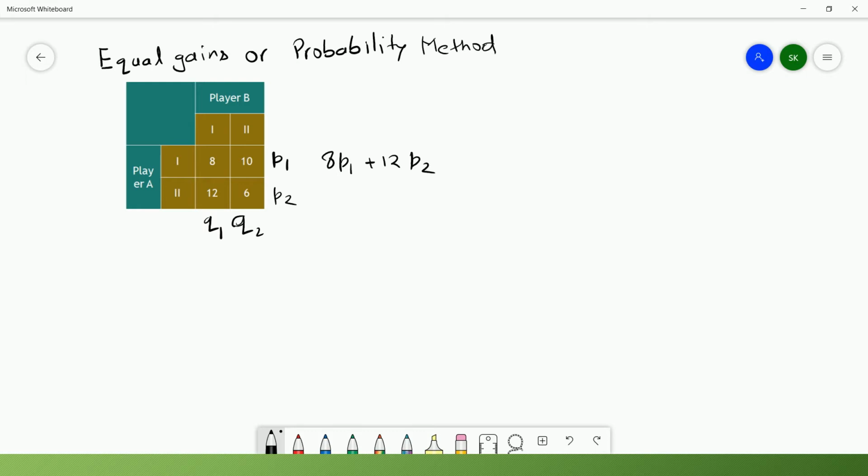That means sum of strategy 1 and 2 against the strategy 1 of player B equal to 10p1 plus 6p2. So this is against the strategy 2. Now as we know that P2 can be written as 1 minus P1. So we will replace P2 here by 1 minus P1.